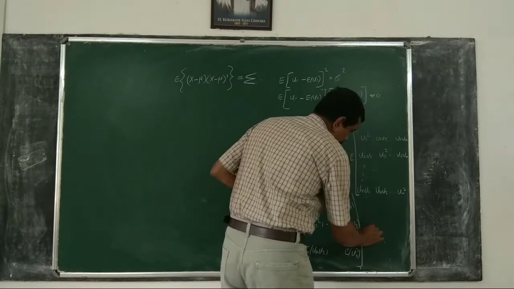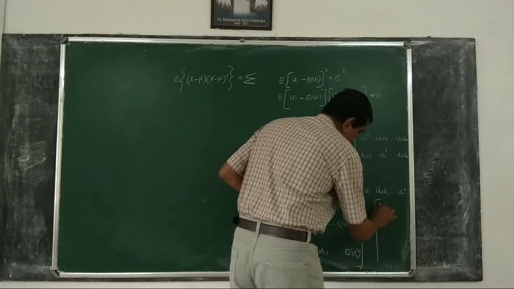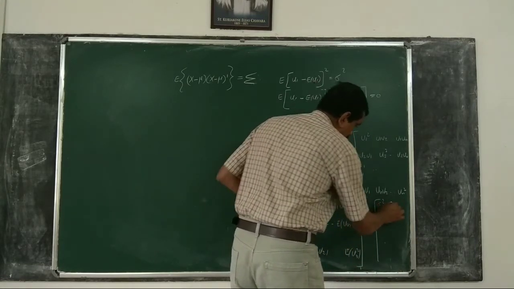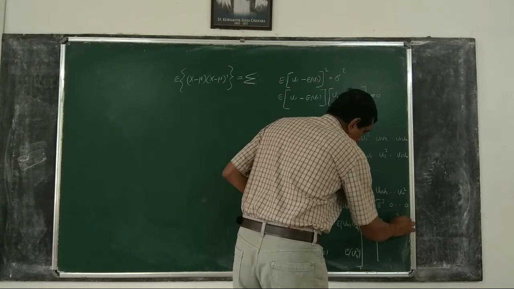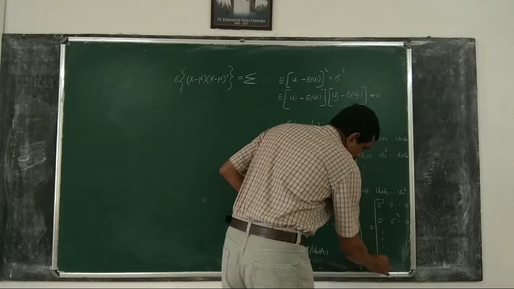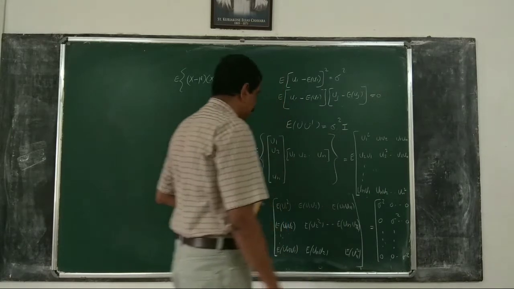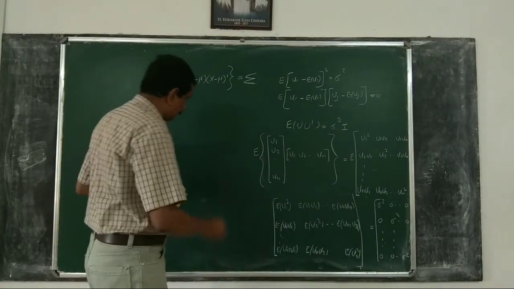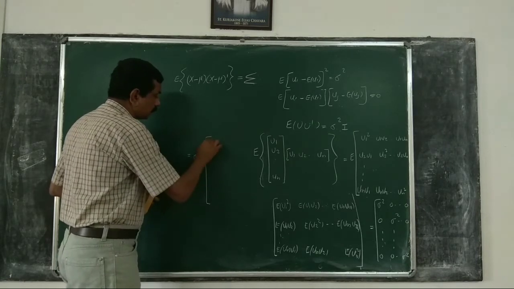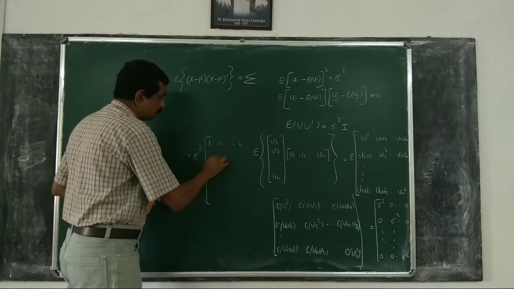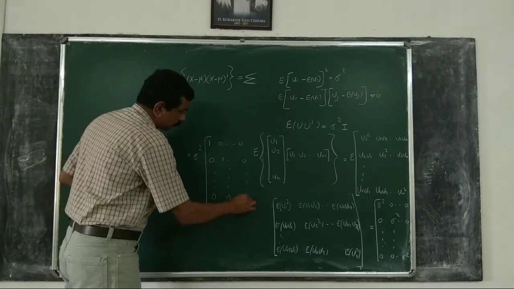This is equal to the matrix with sigma square on the diagonal, since expected u1 square is sigma square, and expected u1 u2 is 0, and so on, with zeros off the diagonal. It can be written as sigma square into the matrix with 1s on the diagonal and 0s elsewhere.